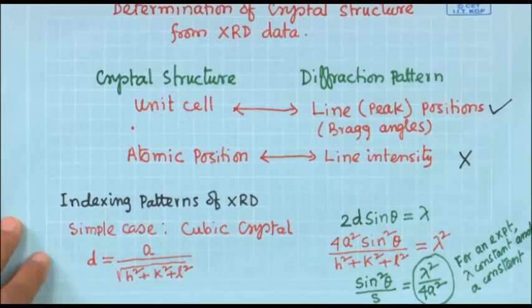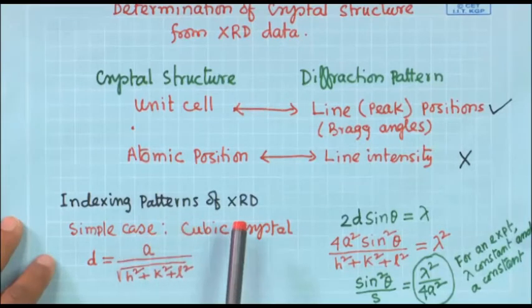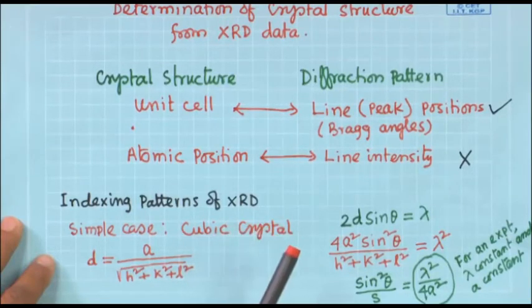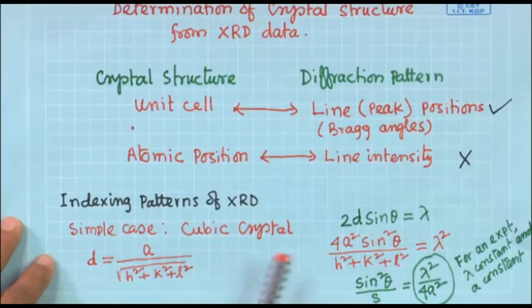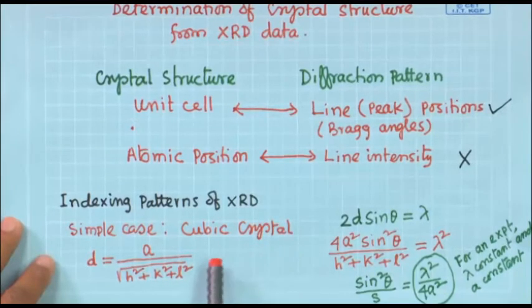I would like to take this example, since the sodium chloride data I have shown you has a cubic structure. I will discuss in terms of cubic structure, but for other structures one can similarly analyze the data.